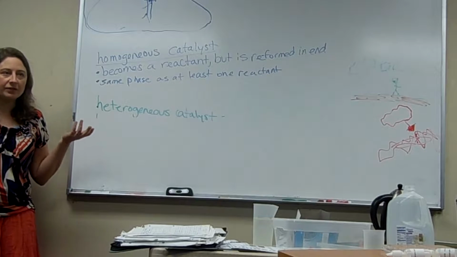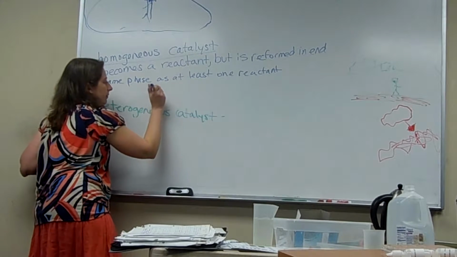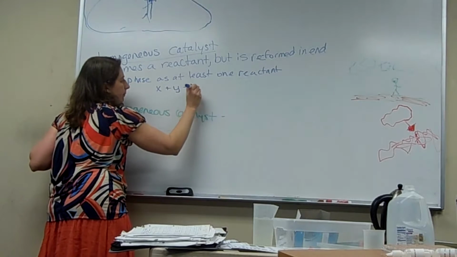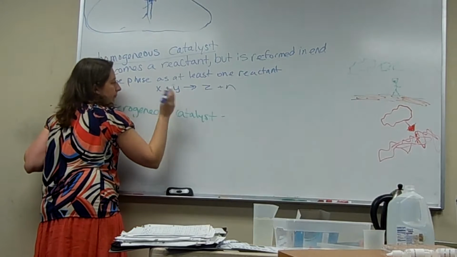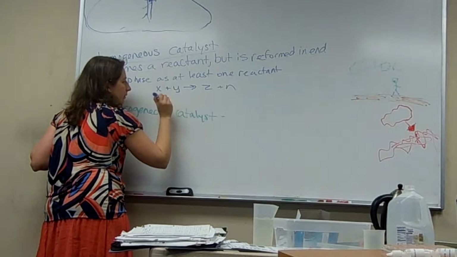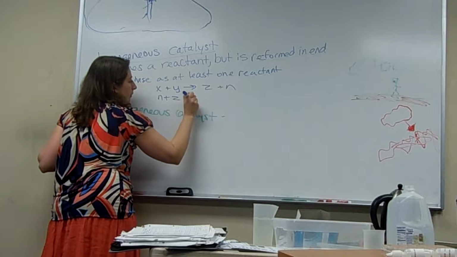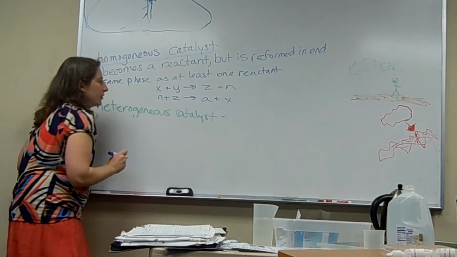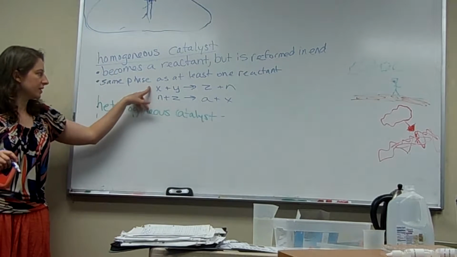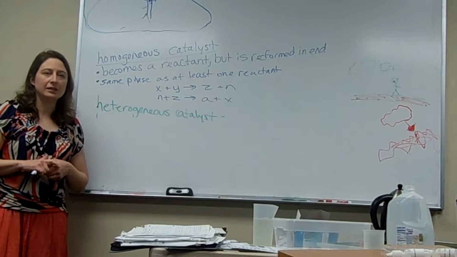When you're asked to identify one of these on the test, so if you have multiple steps, and this is the first of those steps, and this is the last of those steps, which guy is the catalyst?